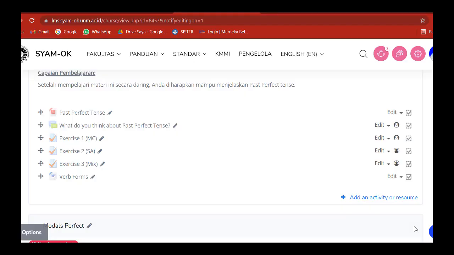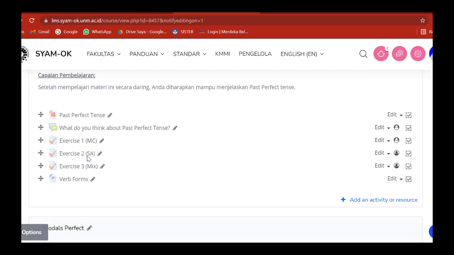Okay, before closing the material, I'm going to give you the explanation on how to do the assignments this week. So here, as you can see, there is some material from PDF and then discussion. Exercise 1, multiple choice. Exercise 2, short answer.